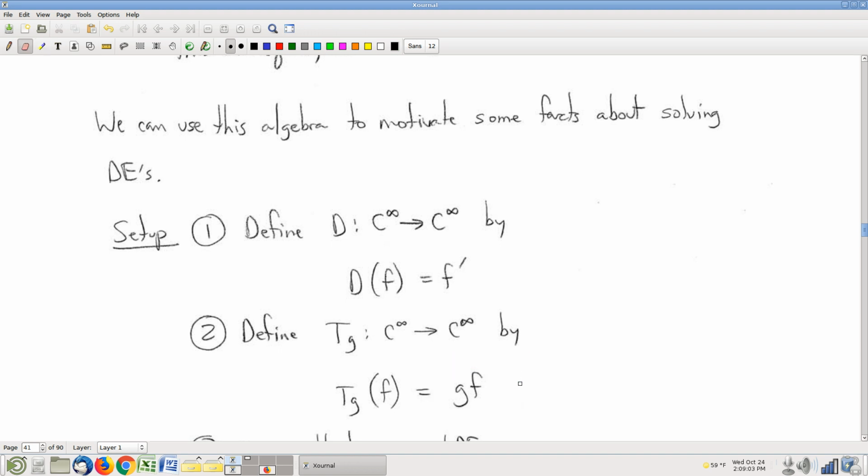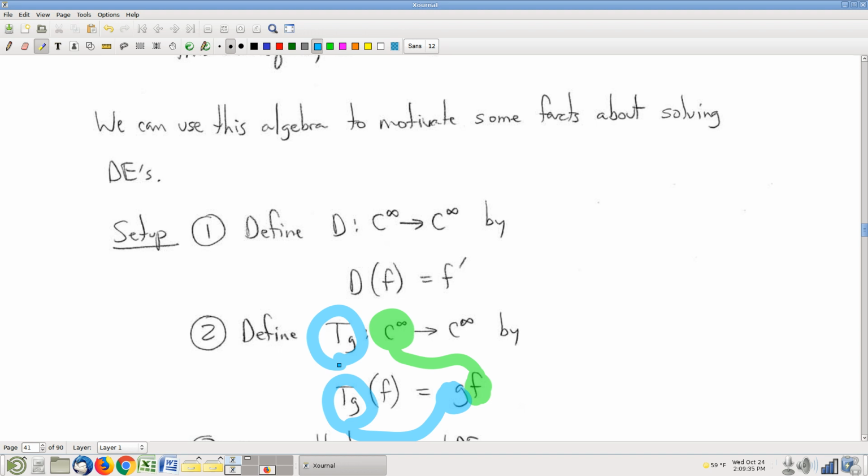What I'm saying is if you view f as being a vector in that vector space, and if you view the act of multiplication by g as being something you can do to vectors in this vector space, that act is a linear transformation. Easy to check. Great practice problem. To make sure that you're interpreting this correctly, give it a try to show that this is a linear transformation. It should go through very, very straightforward.